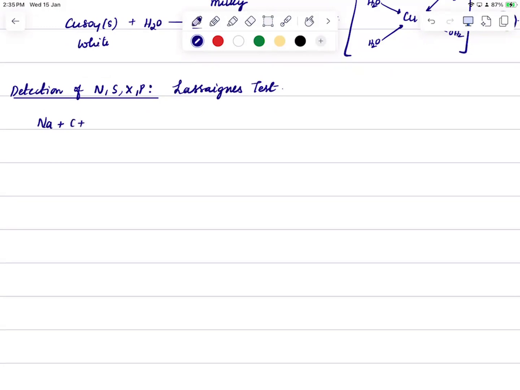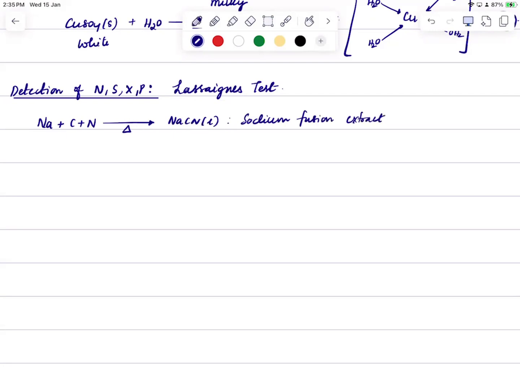And if there is any carbon from hydrocarbon and there is a nitrogen present in it, then this will give a fusion mixture of NaCl liquid. Now, this type of extract which you are getting, correct, is called sodium fusion extract.